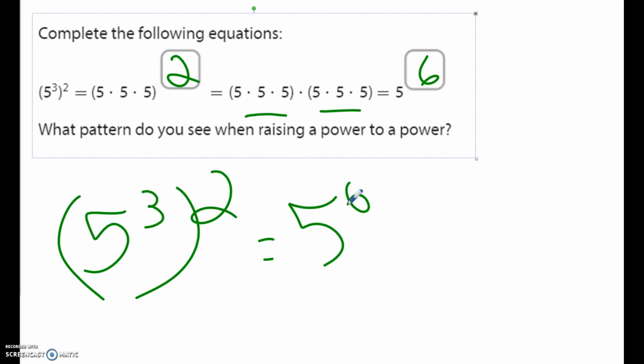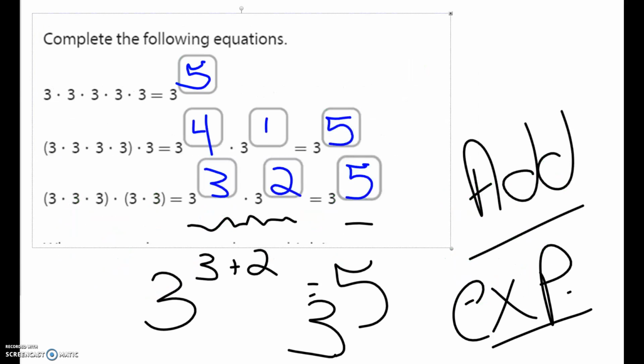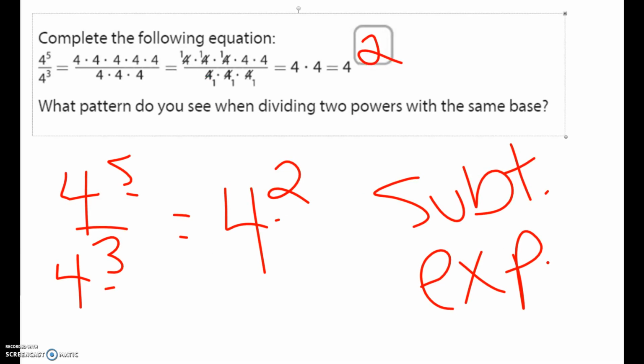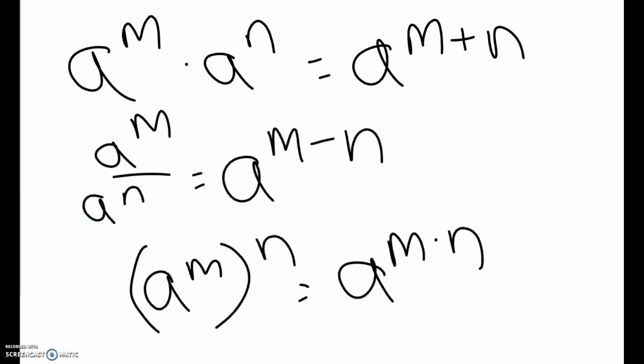What do you notice? It looks like we multiplied our exponents. So when we were multiplying, we added. When we divided, we subtracted. And when we were raising a power to a power, we multiplied. Pause it here and write this down.